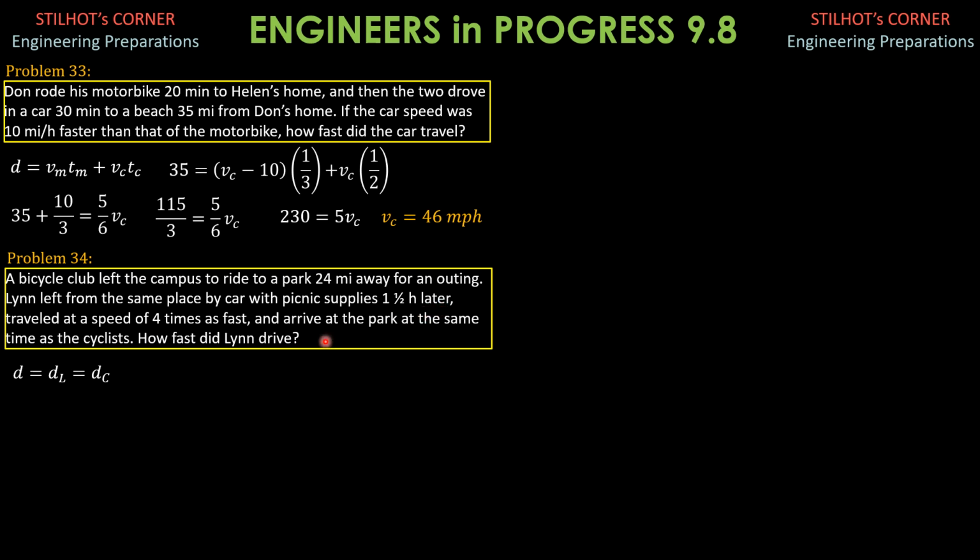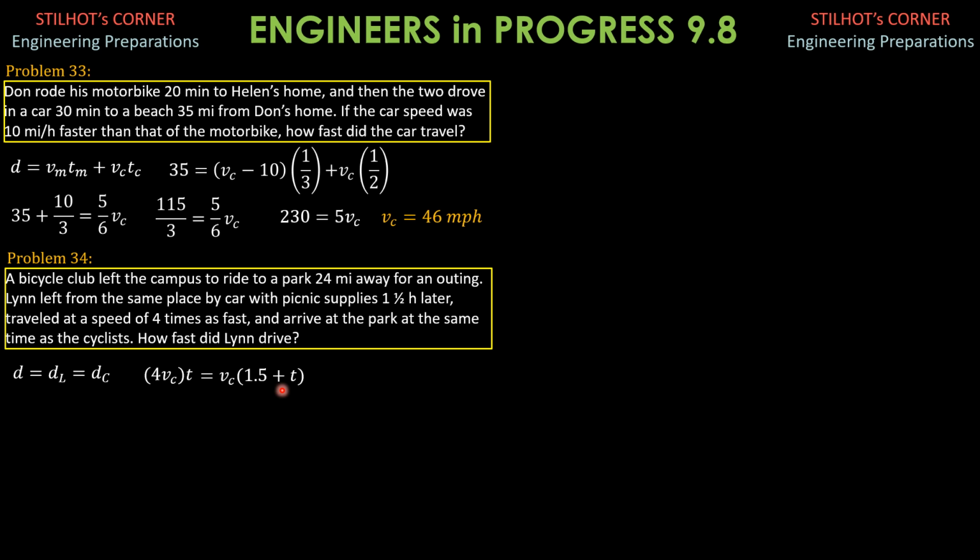So t plus 1.5, or 1.5 plus t. So 4 times v sub c times t equals v sub c times quantity t plus 1.5. We can cancel v sub c, so we have 4t equals 1.5 plus t.